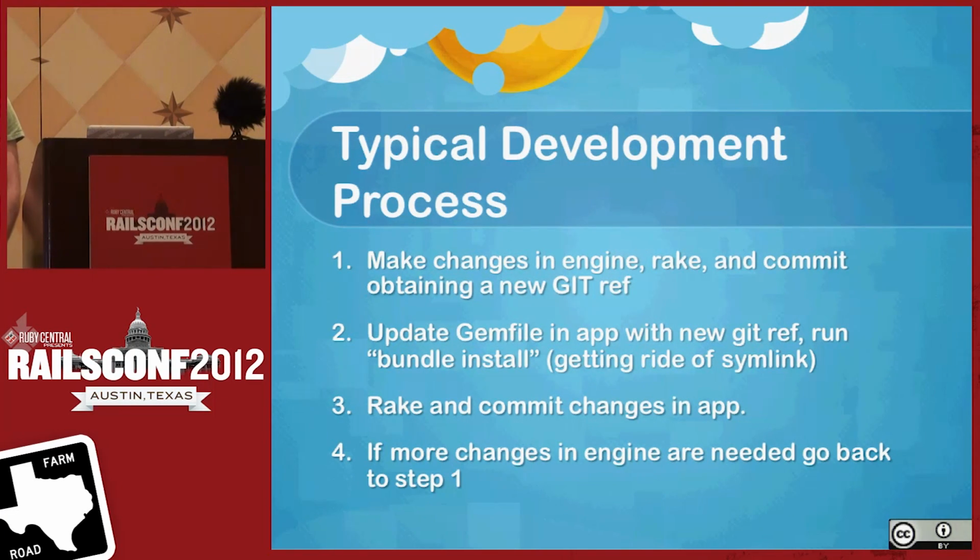So then you have to go back to the engine, make the change, commit again, get a new ref number, go back to the app, put it in the Gemfile, bundle install. So then you end up doing bundle install like 5 times in a day, maybe depending how often you have to go back and forth, which gets really annoying if you end up going over 10 or 15 times. So that makes it not practical.